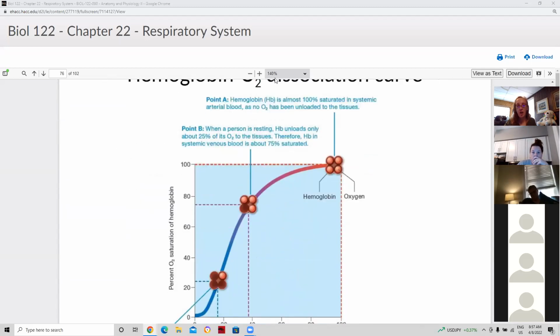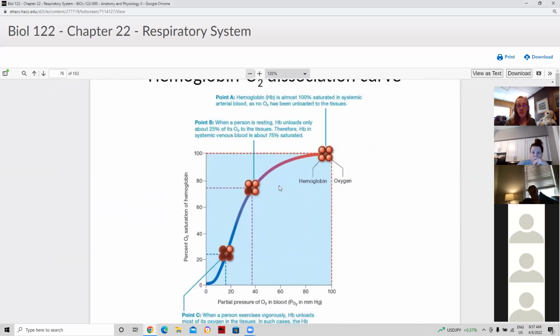Now, I've got some figures, and these are not in your books. I use a lot of figures from a lot of different things, but I think I told you maybe a week ago, maybe a little longer, that this was my first time teaching biology 122, or the second part of A&P.